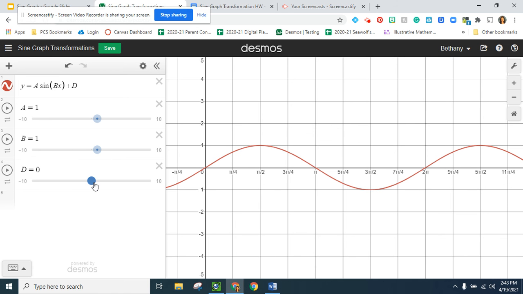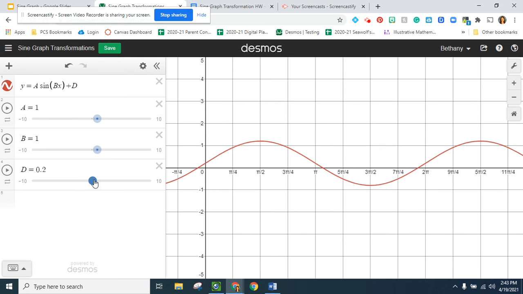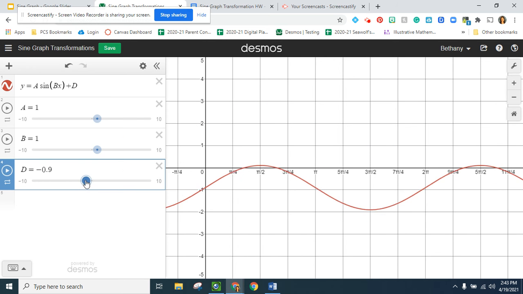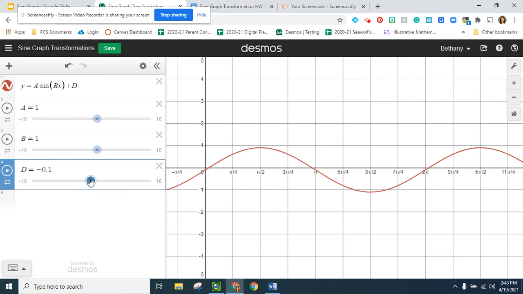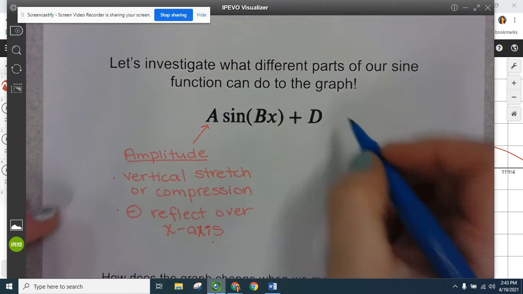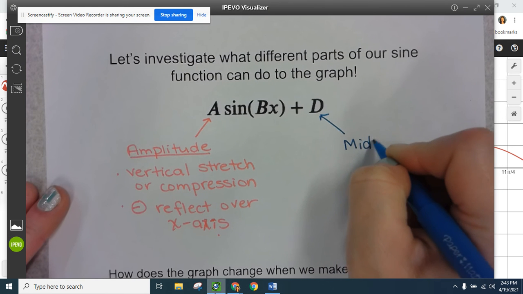If I add something to the end of my function, it's either going to move it up or move it down, which is changing our midline. So D changes our midline.